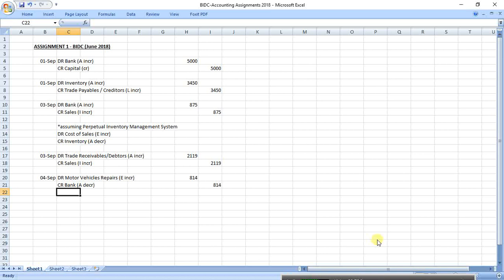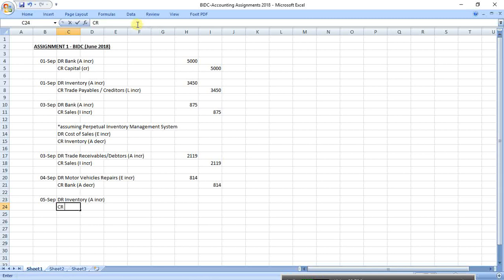Now number 5. Purchased goods for resale by check. So purchased goods, inventory is going to increase. Definitely. So debit inventory, asset increase.